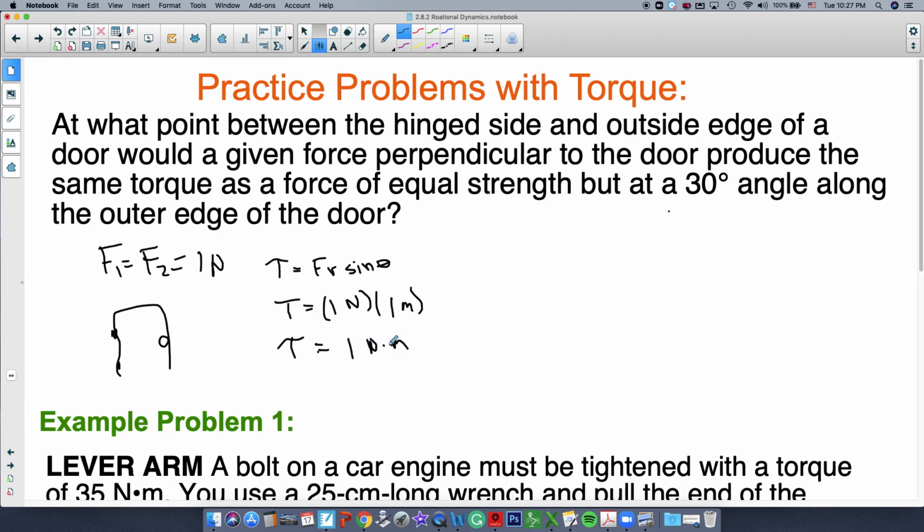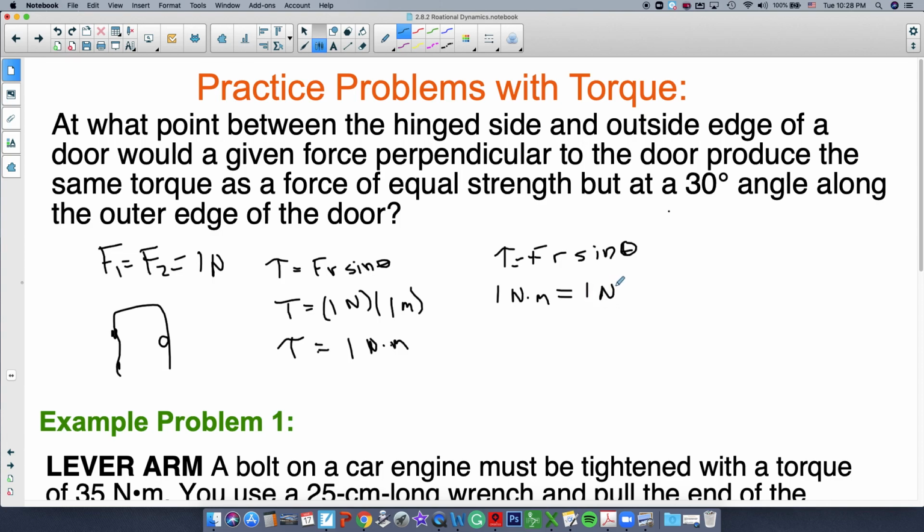Now we need to figure out what would be the same if we had a 30-degree angle. So now we're going to use torque equals force times lever arm times sine theta. Let's use our torque from the last one, because we're trying to figure out how far out our radius would be to get the same torque.